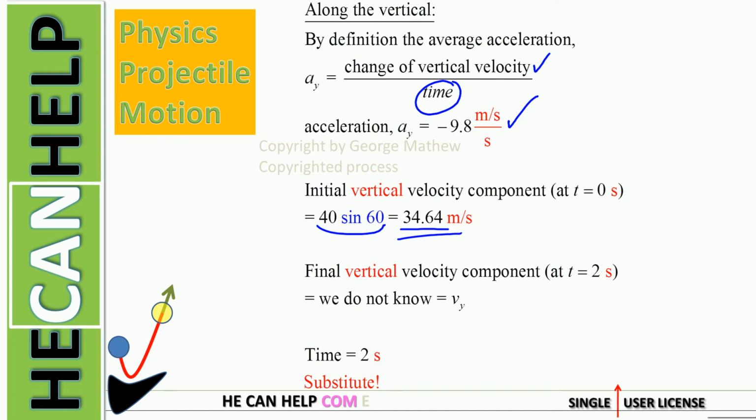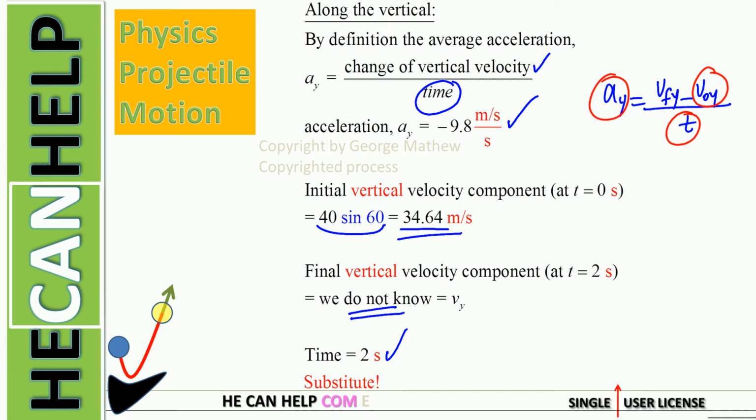Final vertical velocity component at t equals 2 seconds, we do not know. What is the time? 2 seconds. Substitute the numbers. Remember, ay equals v final y minus v initial y divided by time. We know ay, we know time, we know v initial y. The only unknown is v final y.